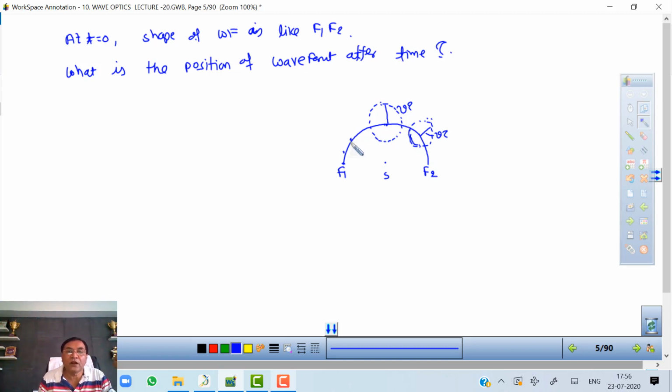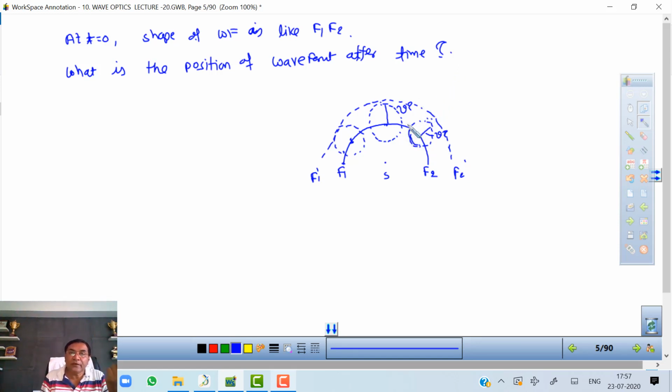If you take all these points as secondary sources and draw waves from all of them, and if I draw the tangential surface to these, that is my F1 prime, F2 prime. That is my new wavefront after time tau.